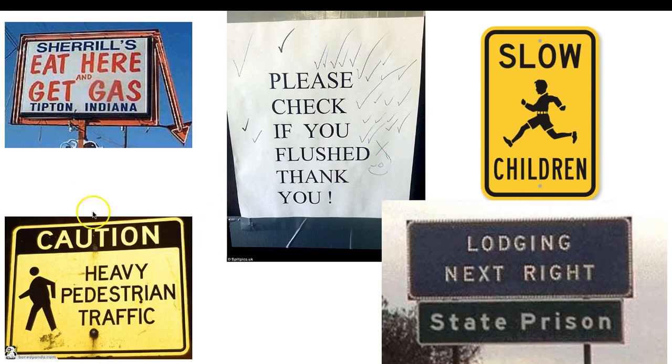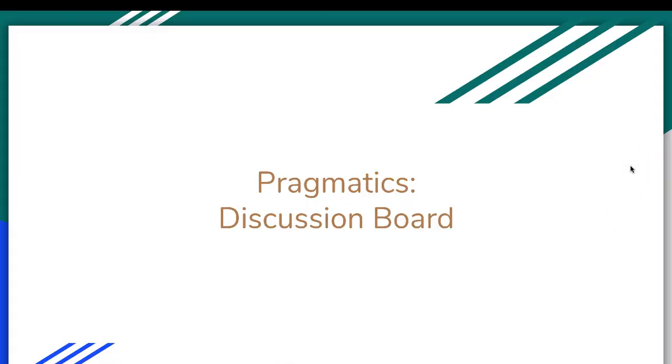Okay. Caution, heavy pedestrian traffic. Well, does that mean a heavy person like was drawn on this sign? No, that's not usually what our signs mean. It means that there's going to be a lot of pedestrian traffic. So we just have to be really careful of the words that we choose.